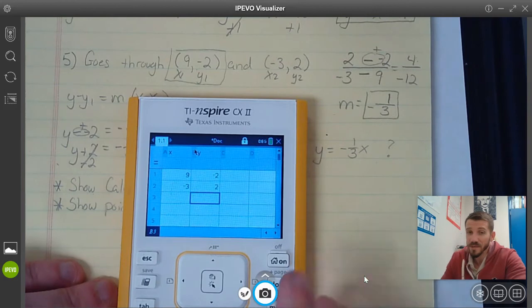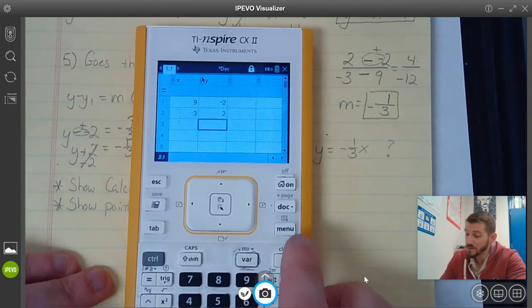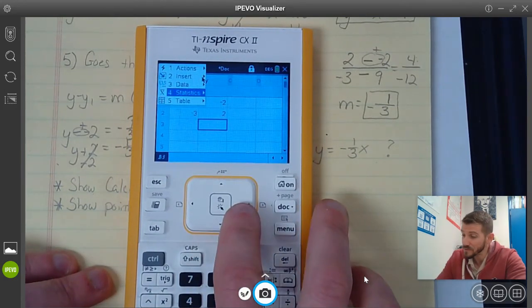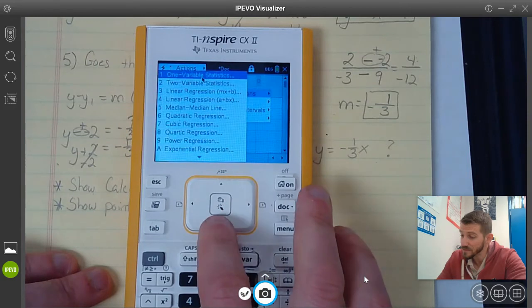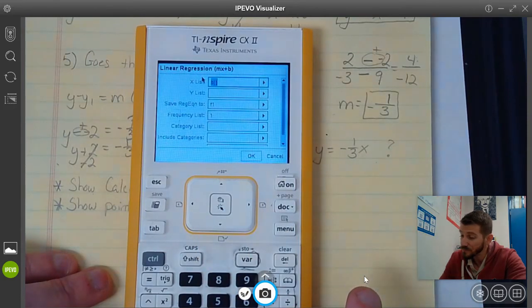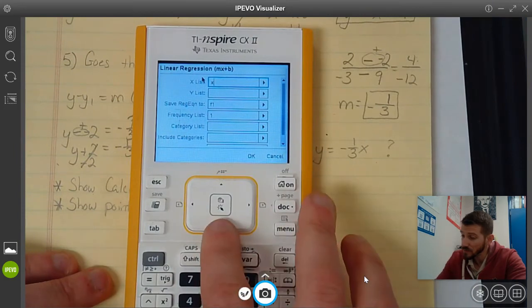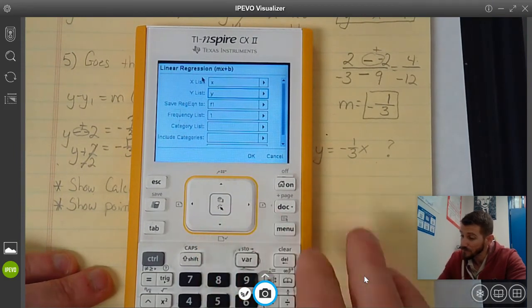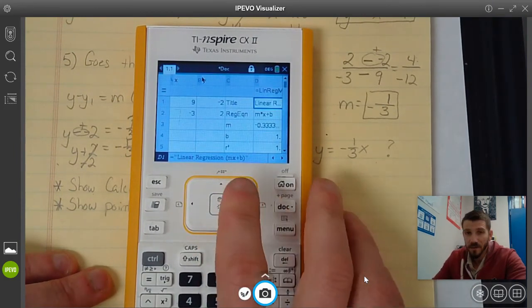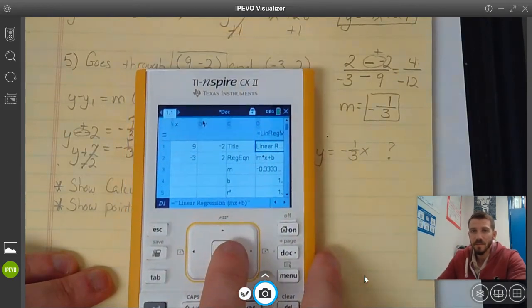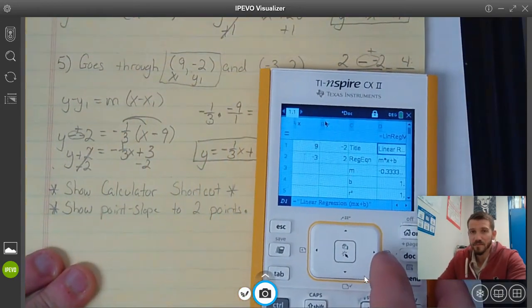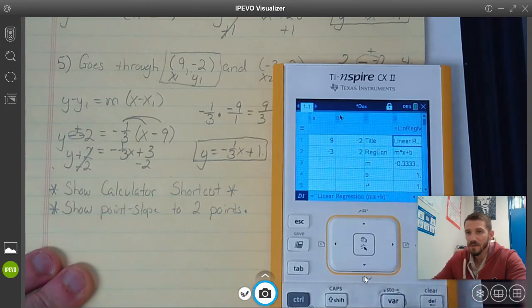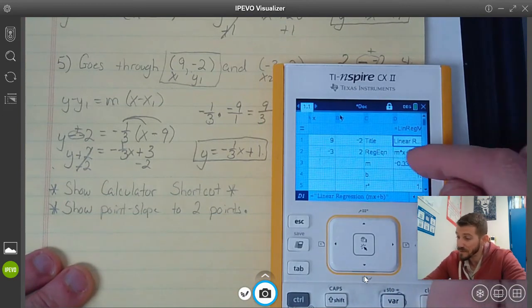So here we go. We go to Menu, Statistics, Calculations, mx plus b. Calling it X, calling it Y. Here you go. So remember our answer, where is it at? It's right there. So you're going to get m is a decimal.